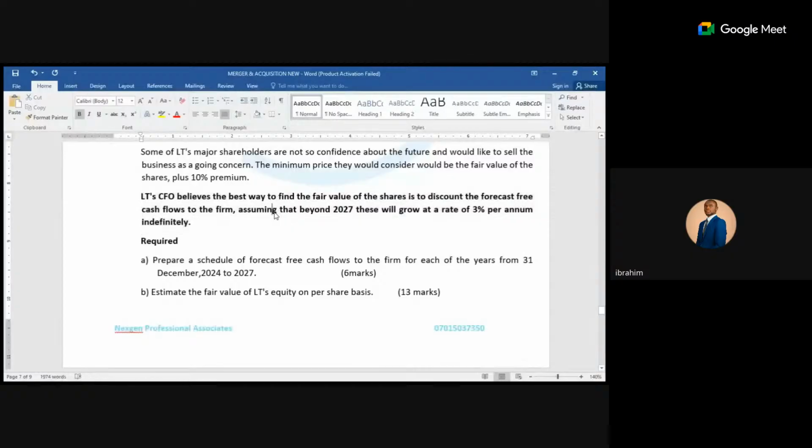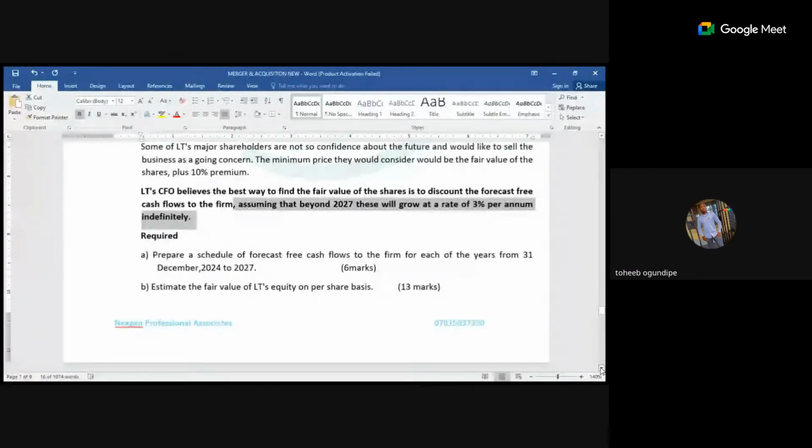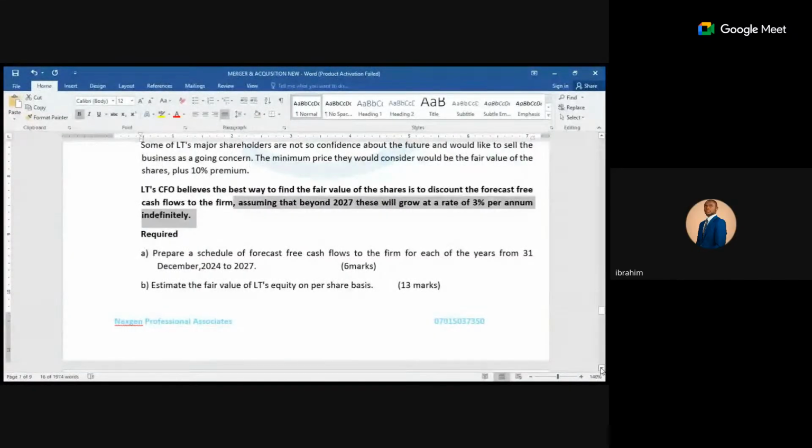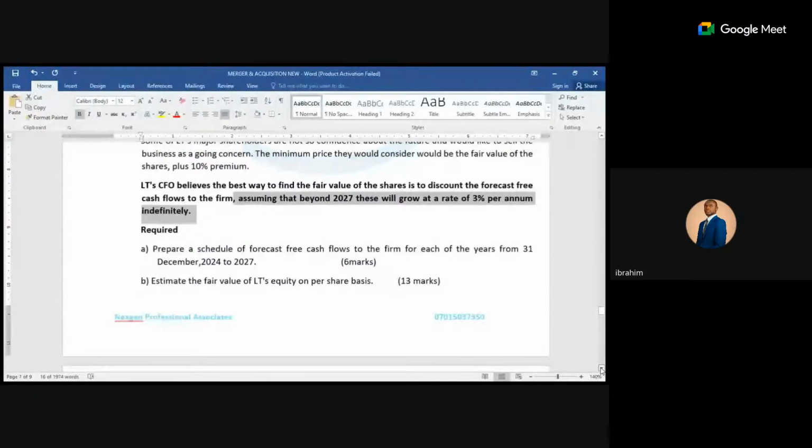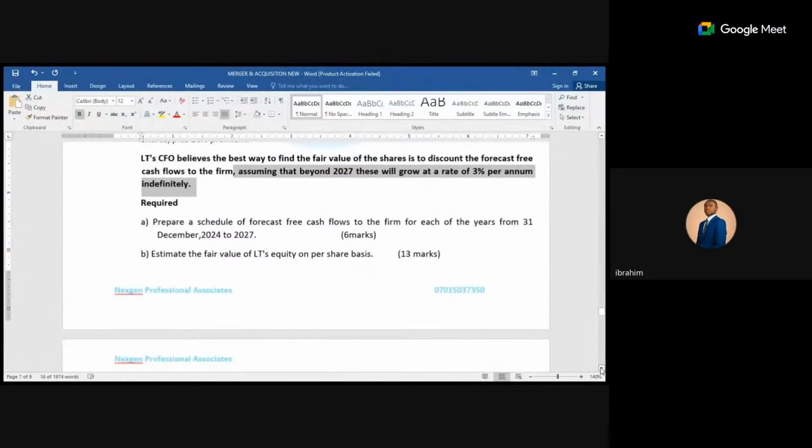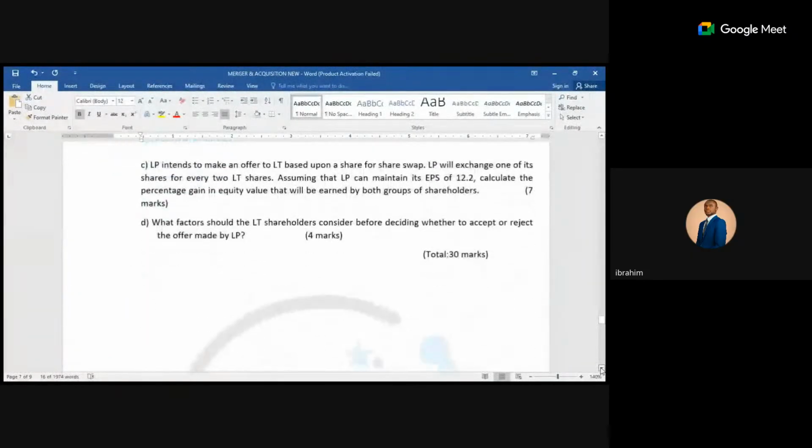And assuming that beyond 2027, this will grow at a rate of 3% per annum indefinitely. Now, class, what is this beyond? Infinity, that is the terminal value, right? So this question is as simple as ABC.